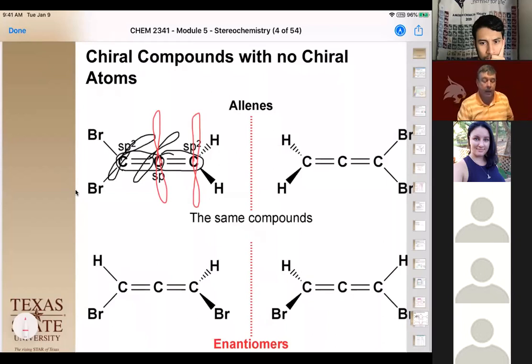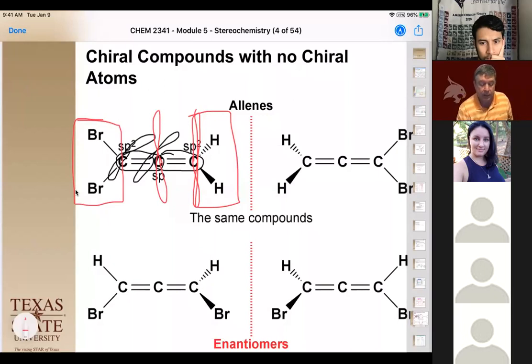And when we do that, that makes these two substituents in the plane and these two substituents behind and in front of the plane. So it's imagined that between those three carbons there, you actually have a stereocenter now. Those three carbons act as that single stereocenter, and therefore it is actually a chiral compound.